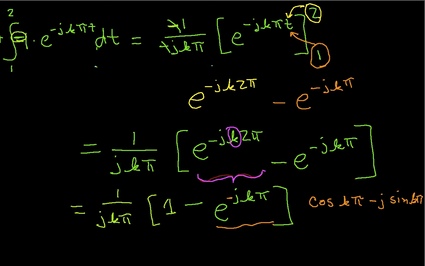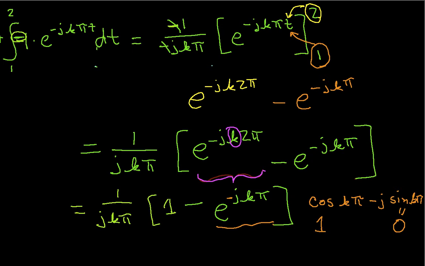and I recall from trigonometry that anytime I have an integer multiple of pi and take its sine, that's 0. Anytime I have an integer multiple of pi and take its cosine, it's either going to be 1 if k is 0, the cosine of 0 is 0.